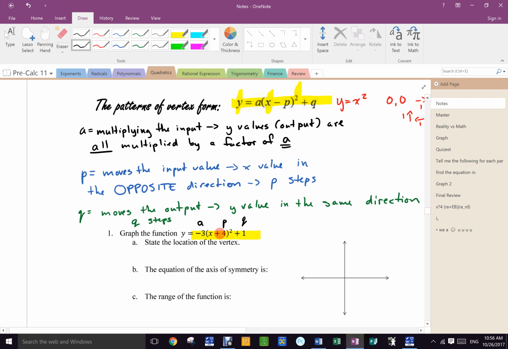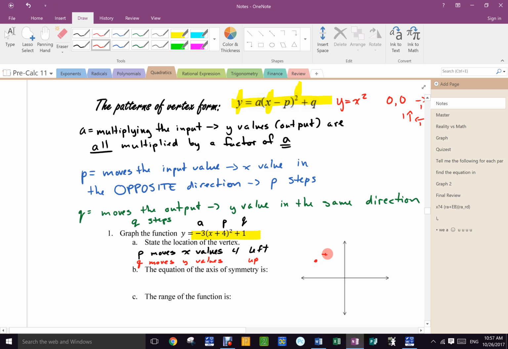What does Q do? Q moves the y values where? Up for the vertex, yes? So the vertex should have been at 0, 0, yes? But where is it really? 4 to the left. Where's left? Negative 4. And how far up? 1.